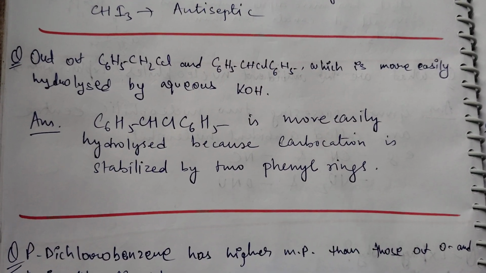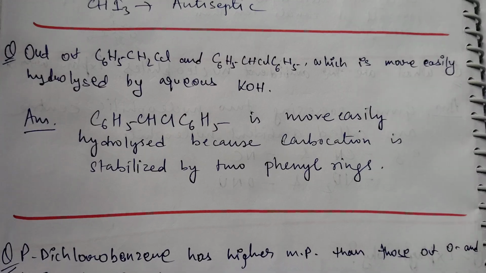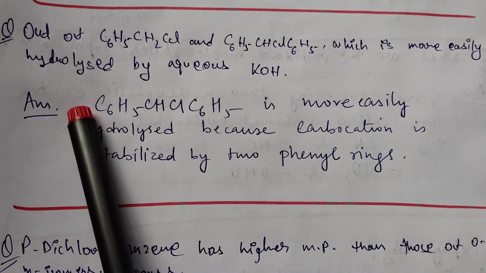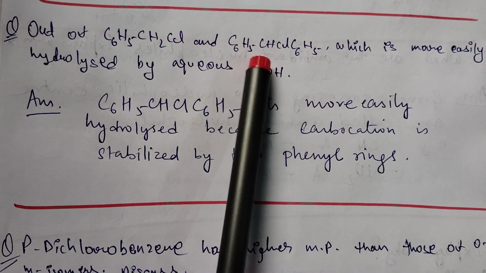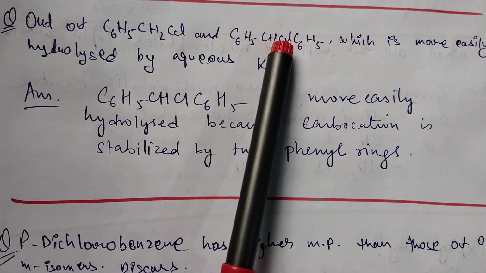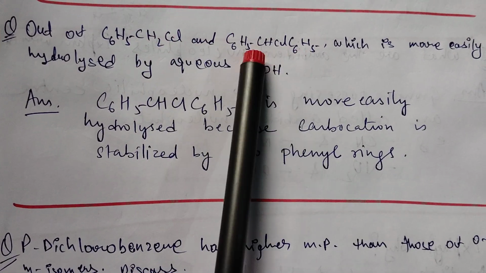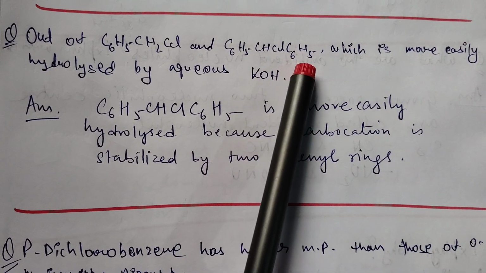Out of these two compounds, C6H5CH2Cl and (C6H5)2CHCl, which is more easily hydrolyzed? C6H5 means benzene ring. When this Cl is removed, a carbocation is formed on this CH. Here there is one benzene ring, here there are two benzene rings.